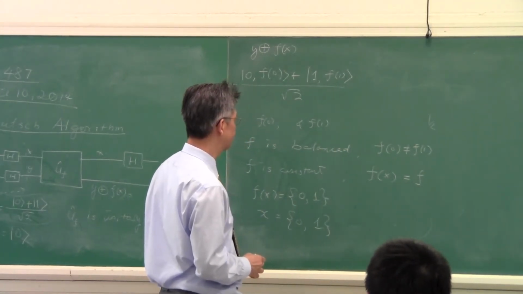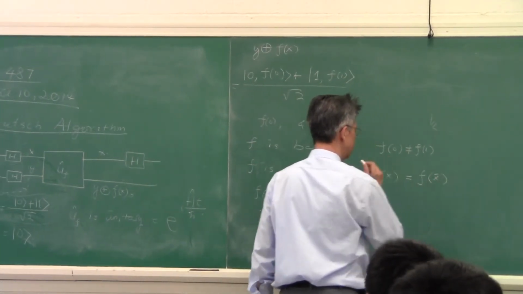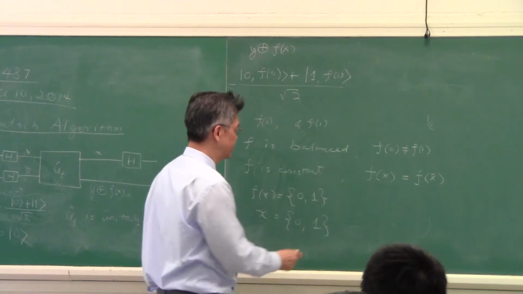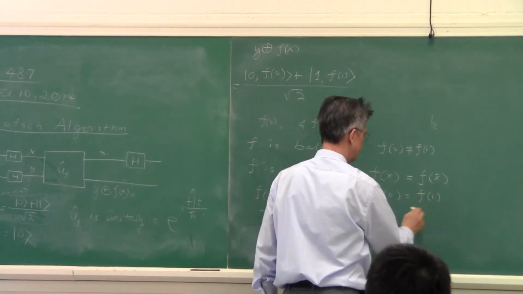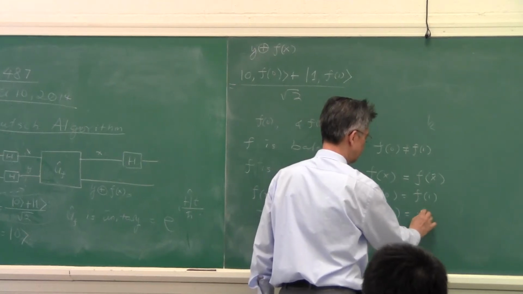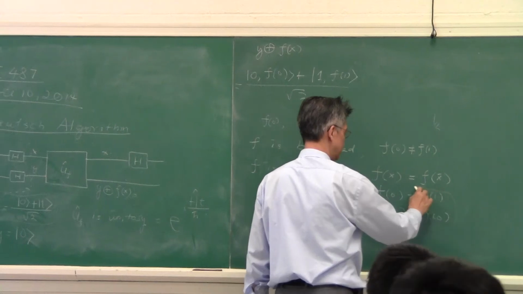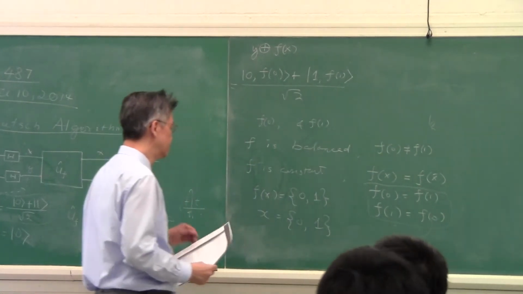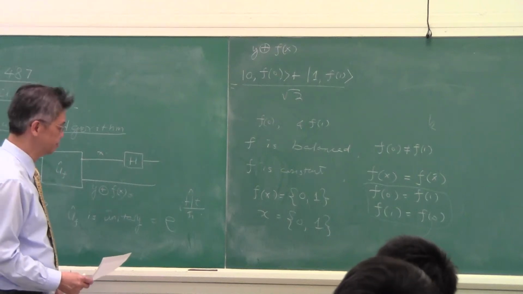This is constant. Constant means that f(x) is f(x). That means that f(0) is f(1), f(1) is f(0). That's what it means. That's what this notation is. Okay? So you can immediately determine whether you're in the balanced state or the constant state.